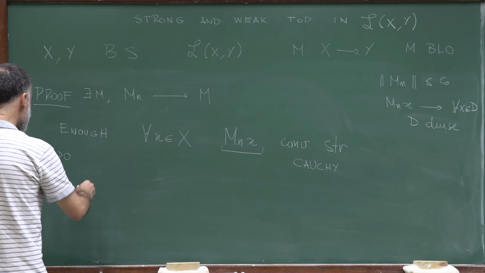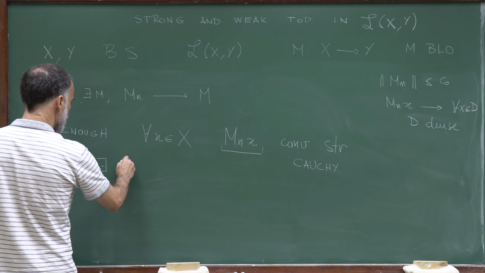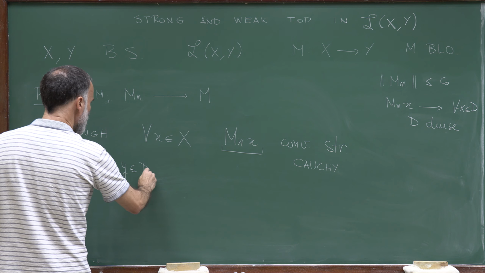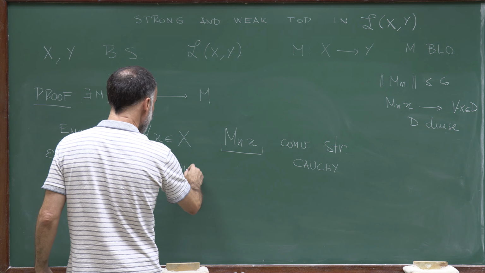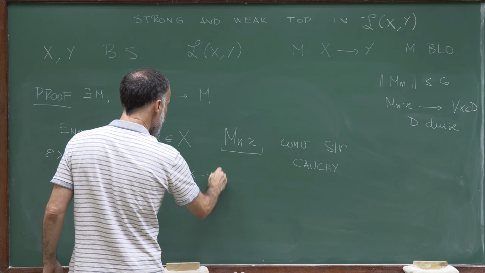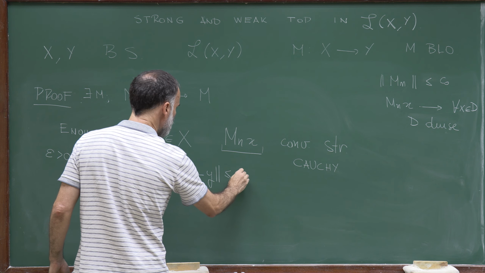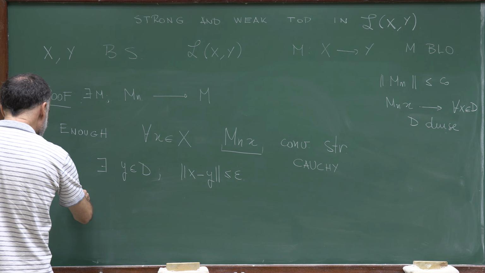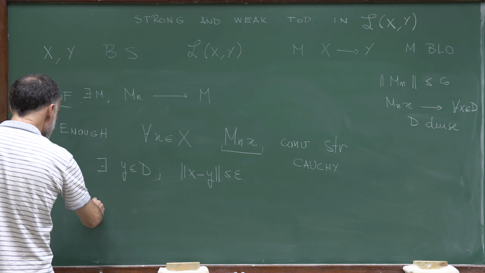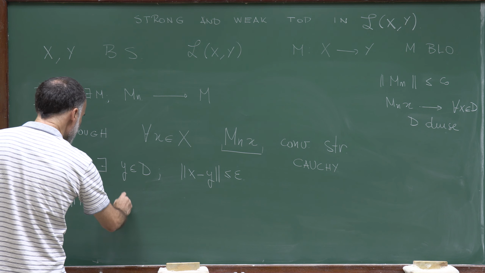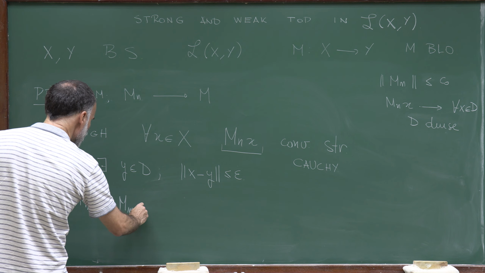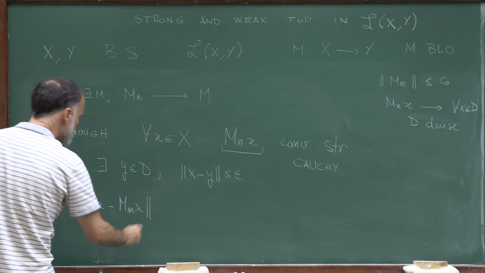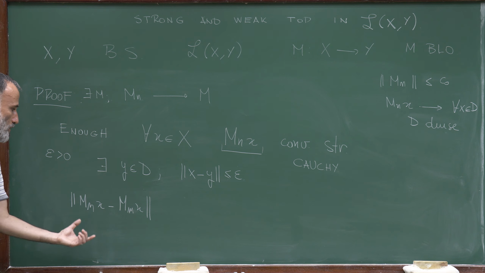So we know there exists y in D such that the distance from x to y is bounded by epsilon. Now, what we need to estimate is the norm of Mn x minus Mm x.